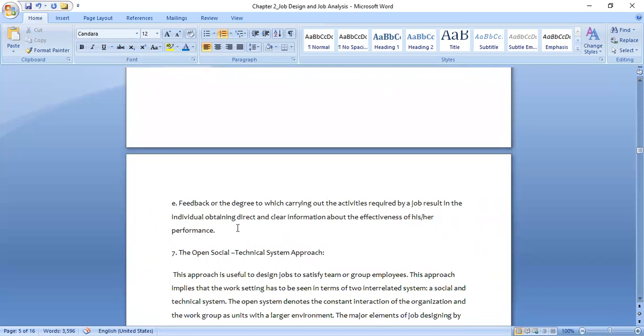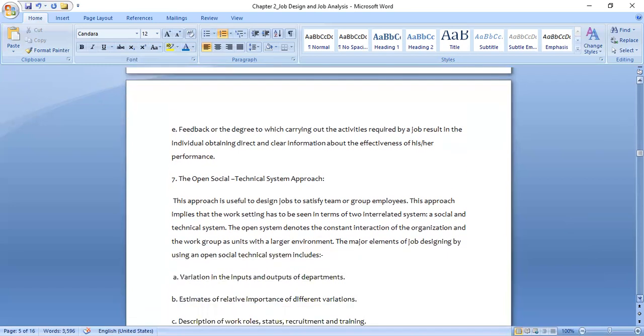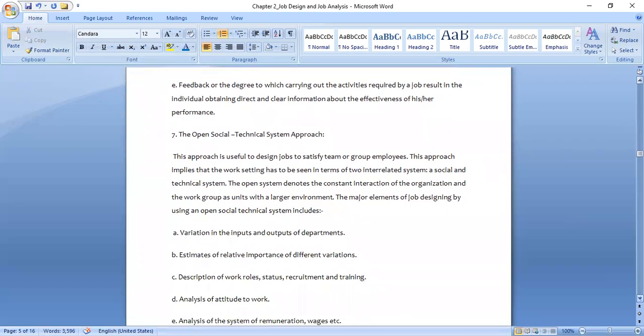And then also, under the job characteristics approach of job design, you have to include an element of feedback, whereby you show results in terms of performance after the individual or the worker has done his or her task.